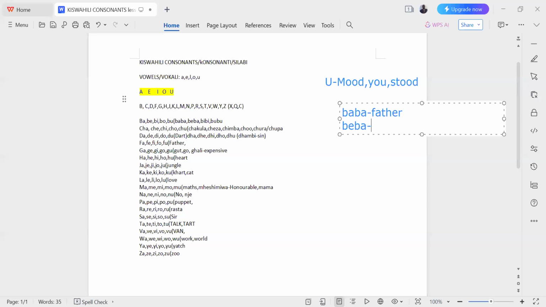If you put the second syllable and the first syllable together, you form the word beba, which means carry. It is already a verb, carry. So either carry your luggage or carry whatever is the word beba. So here you're already starting to form some simple words, either a noun or a verb.